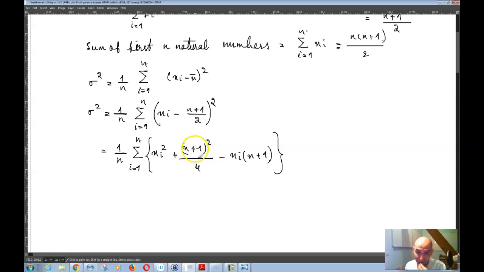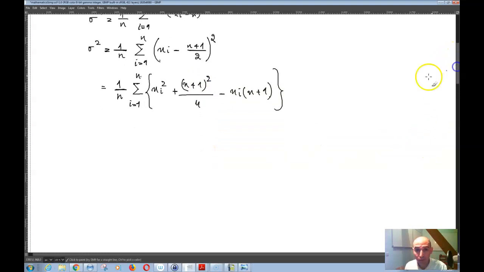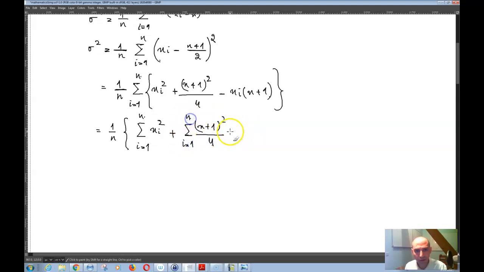Now I can rewrite this as 1 over n times sigma of x of i whole squared as i goes from 1 to n, plus sigma of x plus 1 raised to the power 2 divided by 4 as i goes from 1 to n, minus sigma of, and let me simplify as I'm going along.